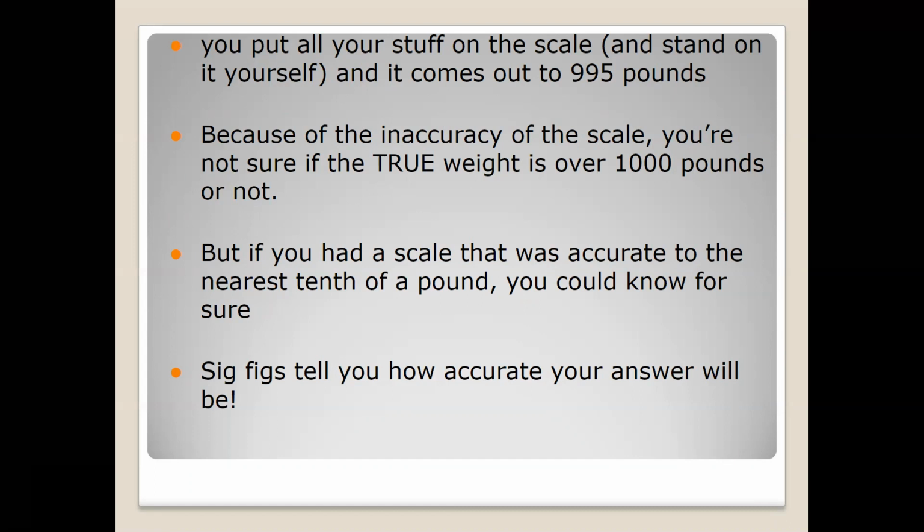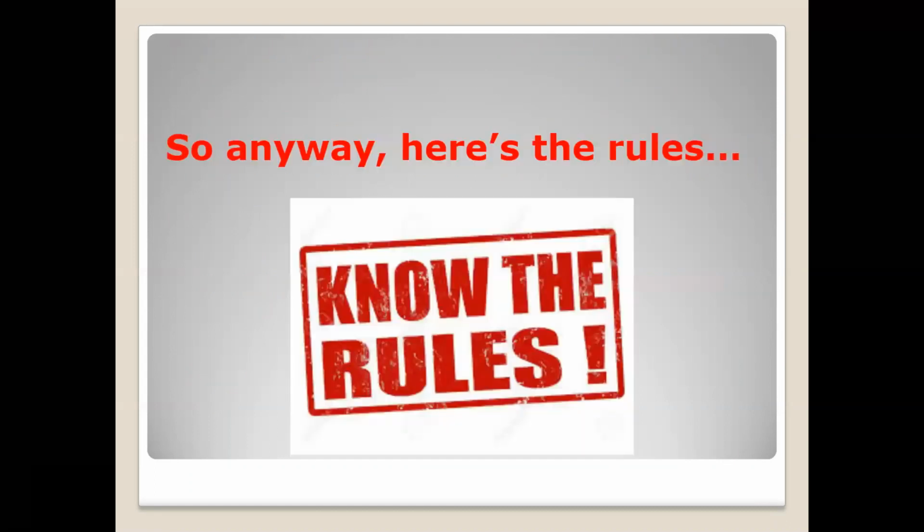So that's what sig figs are really for, is to tell you how accurate whatever answer you have is, because it's going to tell you how accurate all of the numbers were in the problem to get you to your answer. So that obscenely long metaphor aside, here's the rules that you have to pay attention to, okay?